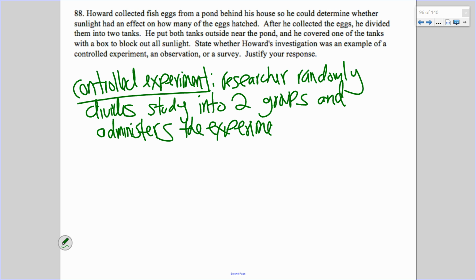In a controlled experiment, the person doing the experiment actually does something with the group. He gives them a drug. He separates them. He puts things in sunlight. That's what a controlled experiment is.